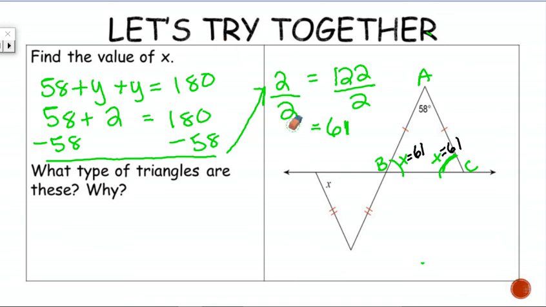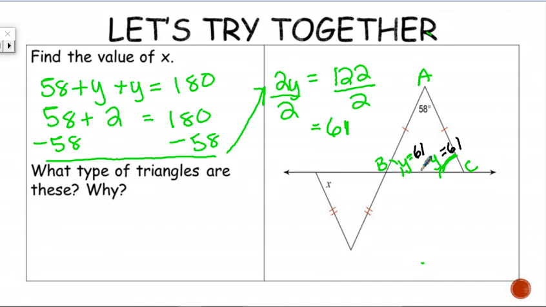And I'm calling them y because if I call them x, then I'm saying that this angle is the same as this angle, and that's incorrect. So I'm going to put y here, and I'm going to go back over here and change this out for y.